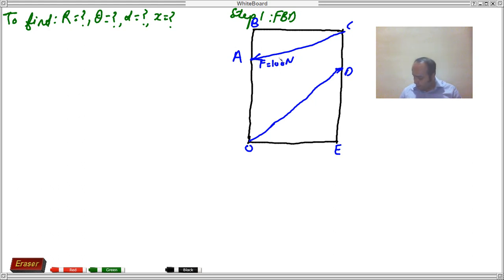Here F is equal to 250 Newton. Even from E to D there is a force of 150 Newton. F is equal to 150 Newton. And O to E there is a force again of 100 Newton.